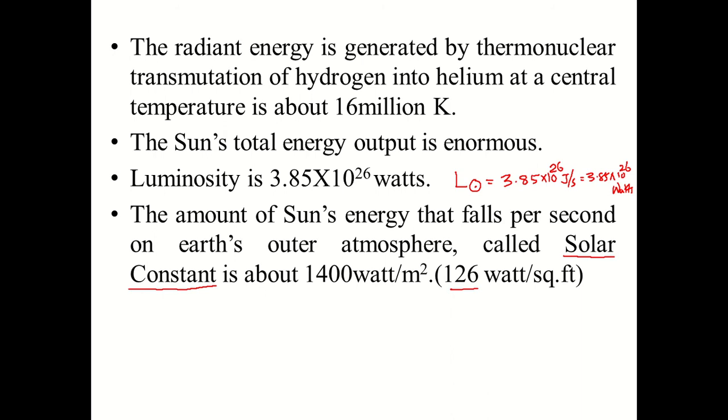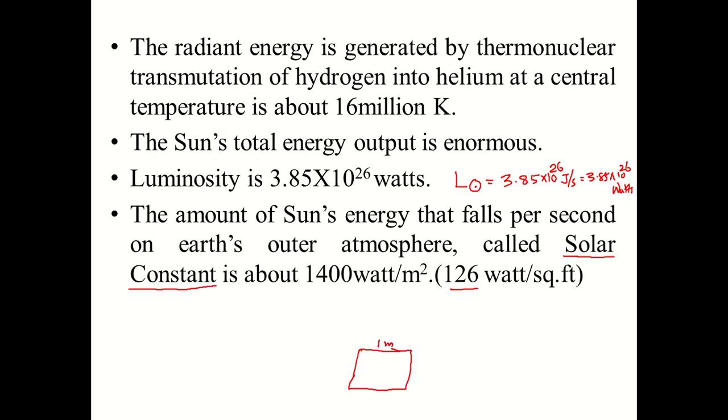So the solar constant is the amount of the sun's energy that falls per second on Earth's outer atmosphere in unit area.